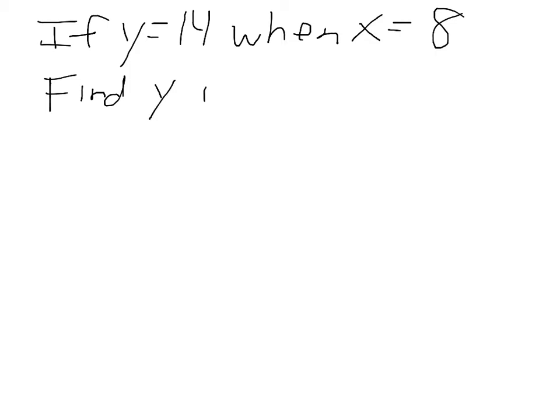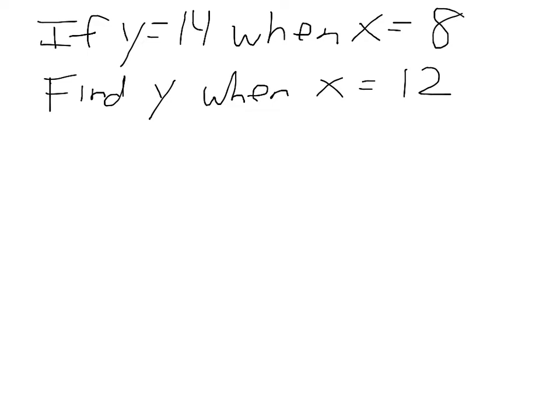If y equals 14 when x equals 8, find y when x equals 12. Now, there are a few ways that I could do this problem. I'm going to show you one of those ways today. You will learn about other ways later on. But today we're going to focus on using the direct variation equation.